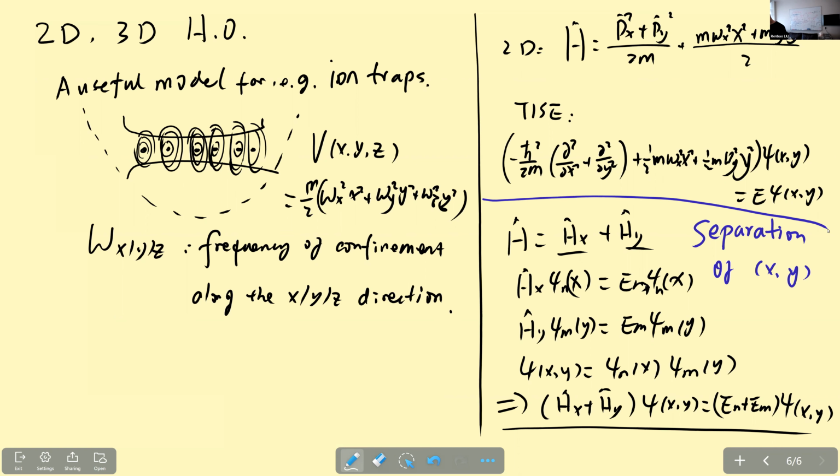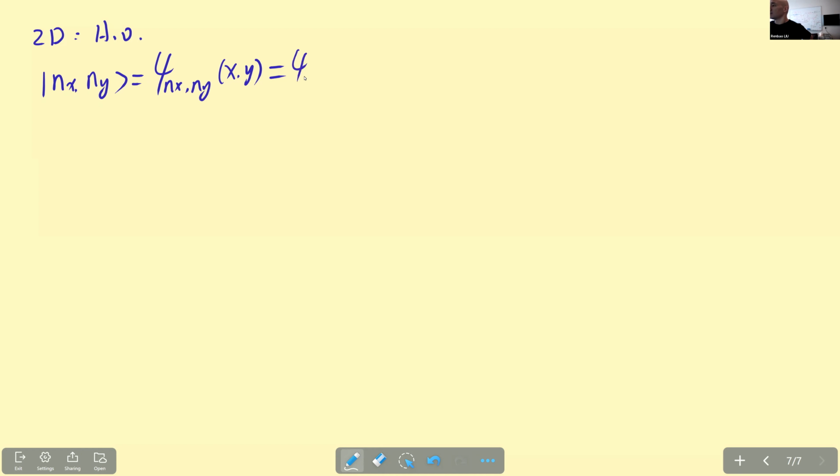And so the states can be rapidly written as follows. You can use two labels, m_x and m_y, to denote the states. So psi_mx,my(x, y) can be written as the product of psi_mx(x over l_cx) and psi_my(y over l_cy).